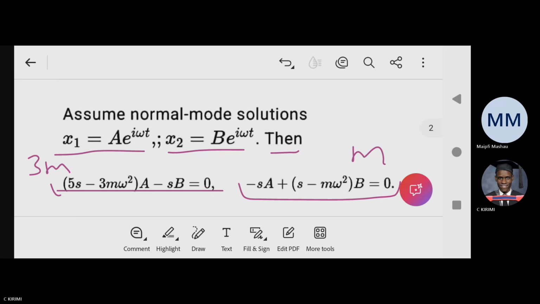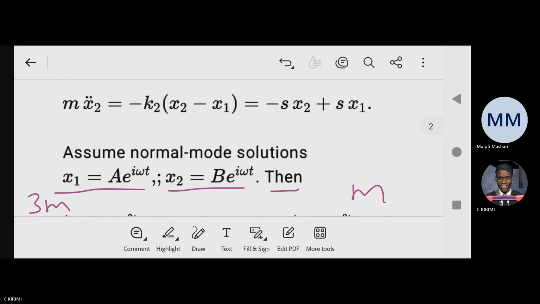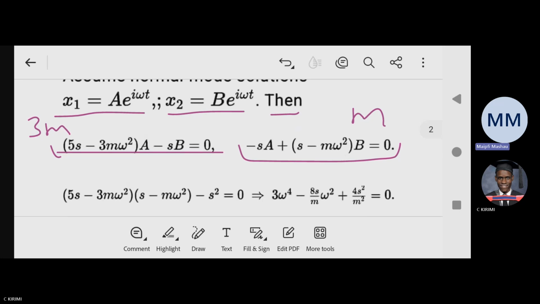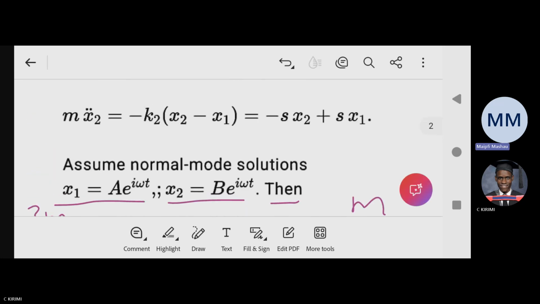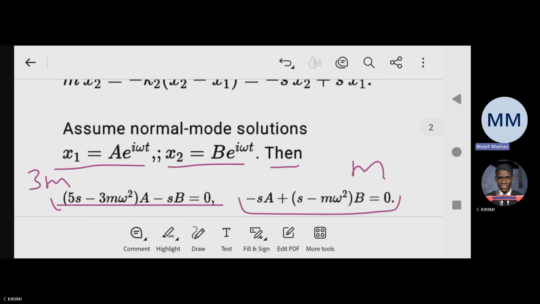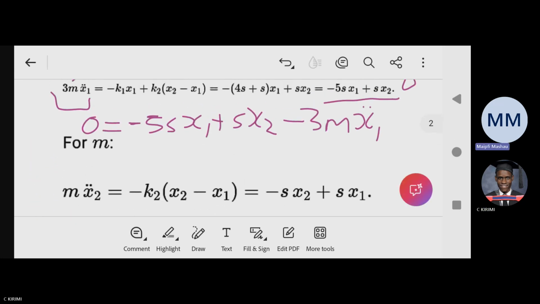What will be the problem? When you differentiate the second derivative, what are we going to get? When you differentiate twice, you get negative omega squared.